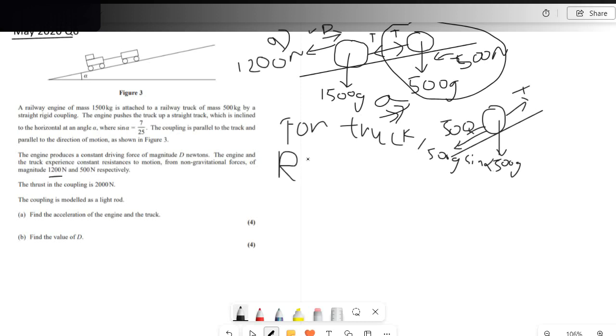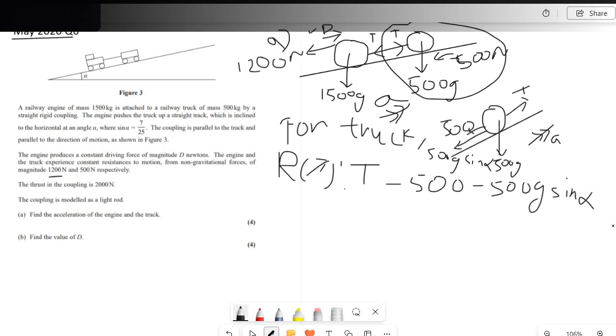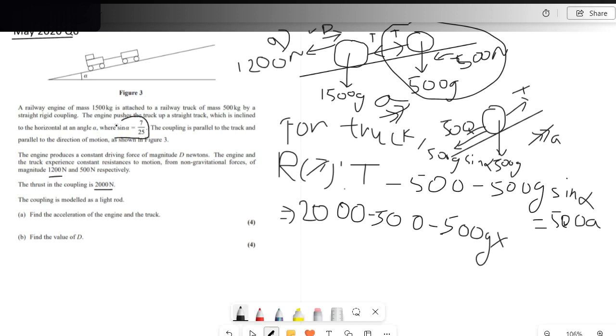So therefore, resolving parallel to the plane upwards, because acceleration is upwards, thrust minus 500g sine alpha equals mass into acceleration, where mass is 500 multiplied with acceleration. Because thrust is 2000, therefore 2000 minus 500g multiplied with sine alpha, which is 7 by 25, equals 500 multiplied with acceleration.